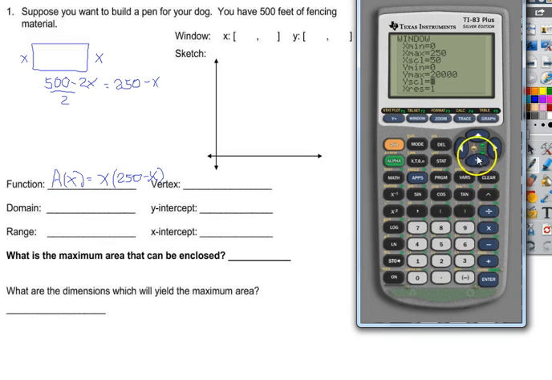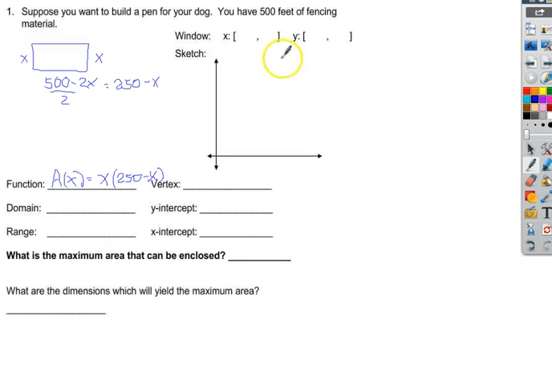Because it's such a large number, we don't want to have 20,000 tick marks. We're going to say that our scale is at 1,000. If I hit graph, hey, we got the entire parabola in there. That's good. All right. We're always going to record the information that we have. And we said that x was equal to 0 to 250.